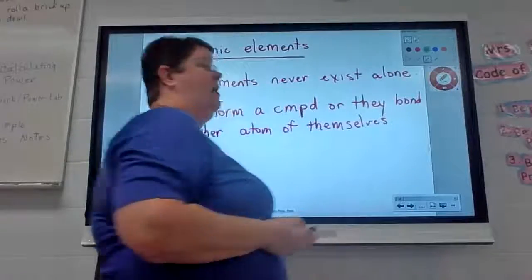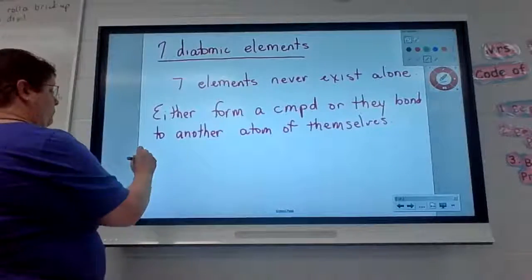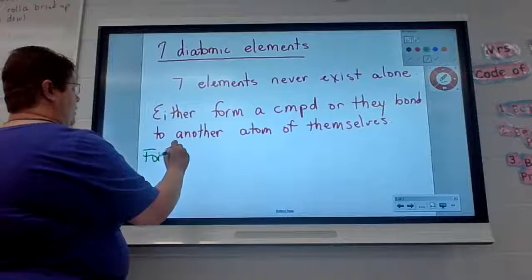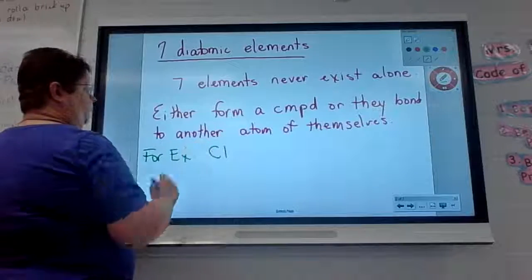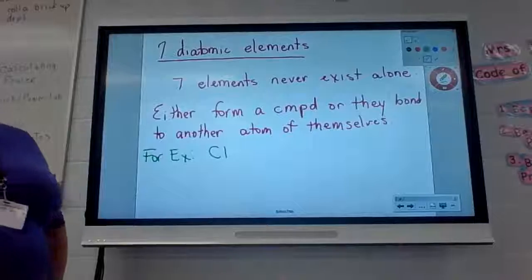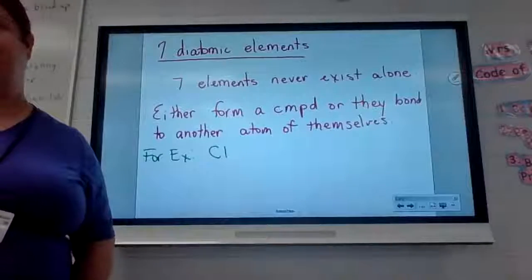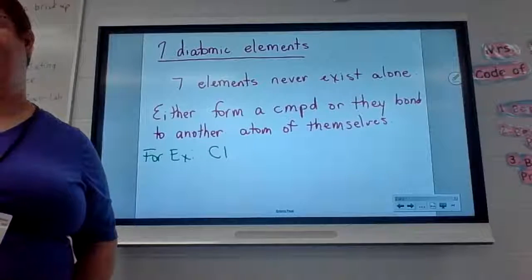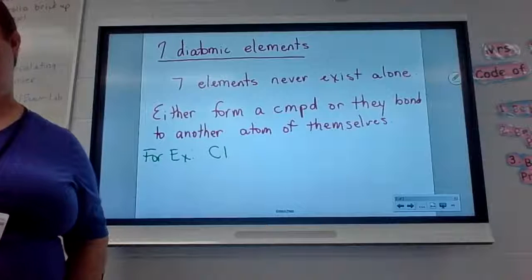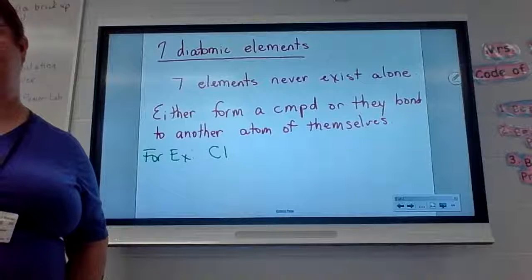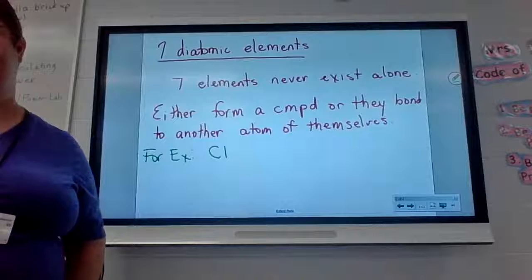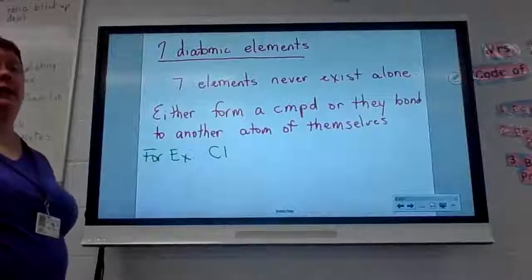An example of that that's easy to demonstrate is chlorine. Now, can anybody give me the acid that chlorine is in? Hydrochloric acid. Can you tell me the formula?